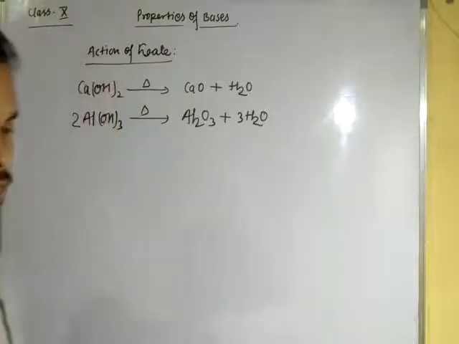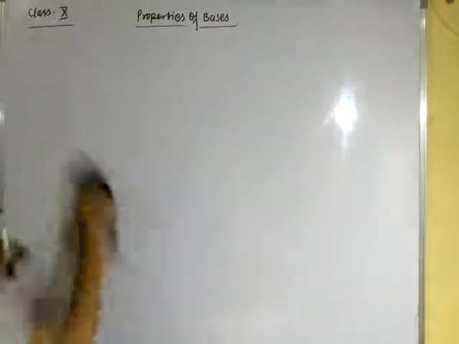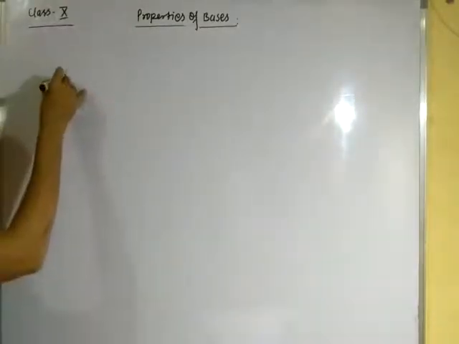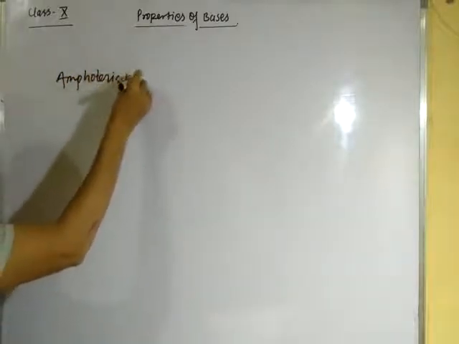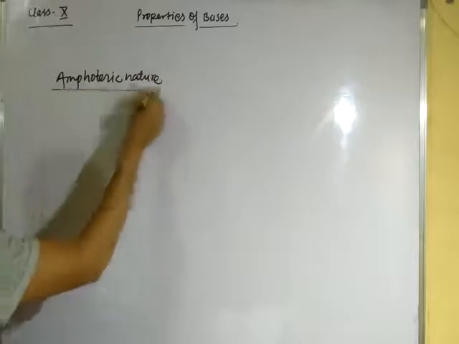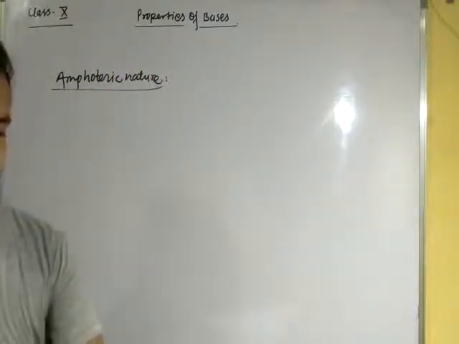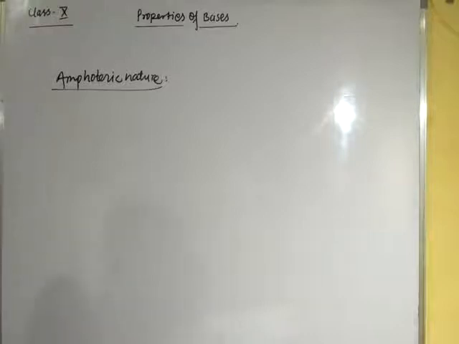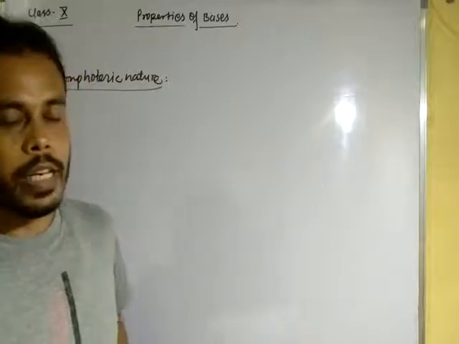Next one is amphoteric nature. The hydroxides of zinc, aluminium and lead are amphoteric in nature.